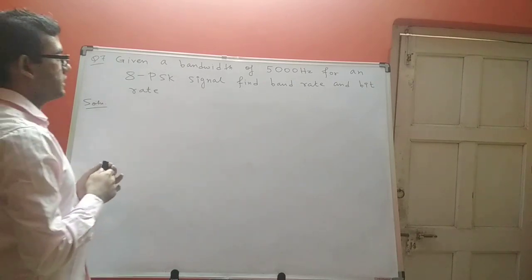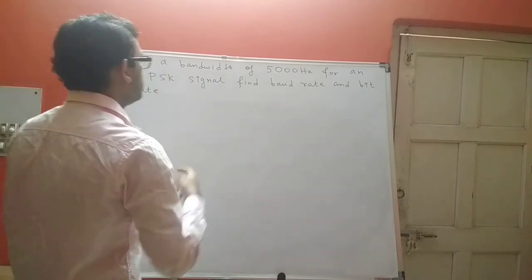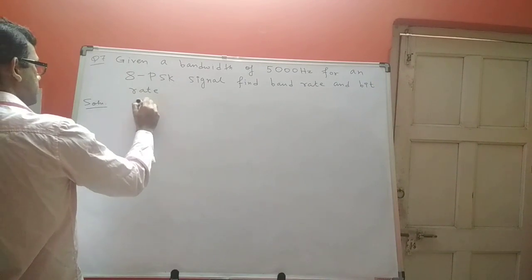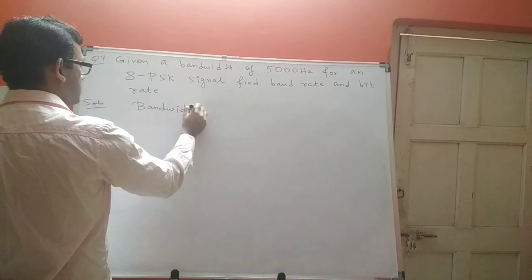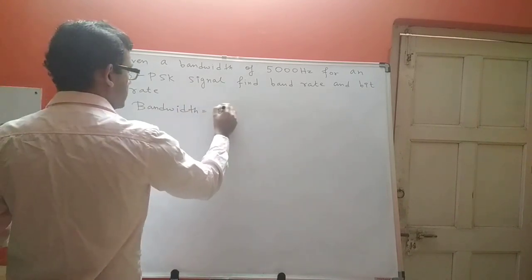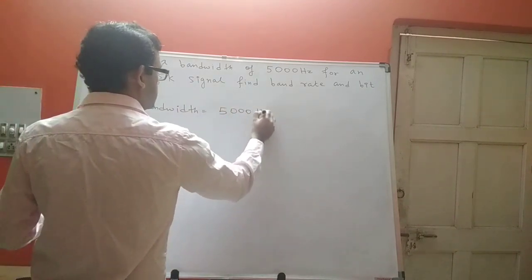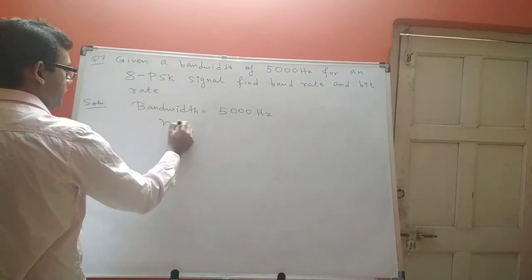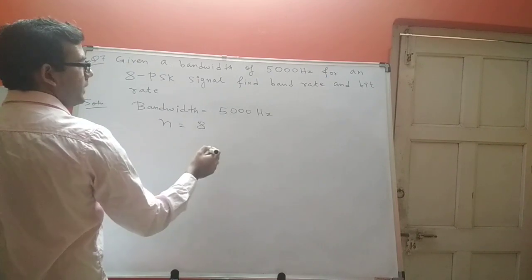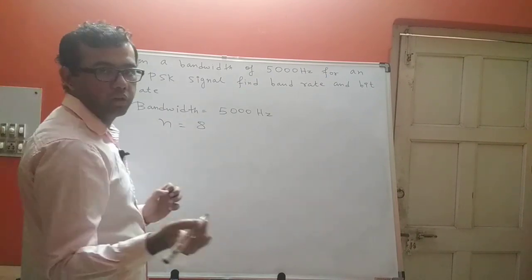Now let's solve this. Again, it's a PSK system and we have been given a bandwidth of 5000 hertz. It's an 8 PSK signal, so the value of N is 8, and we have been asked to find the baud rate and the bit rate.